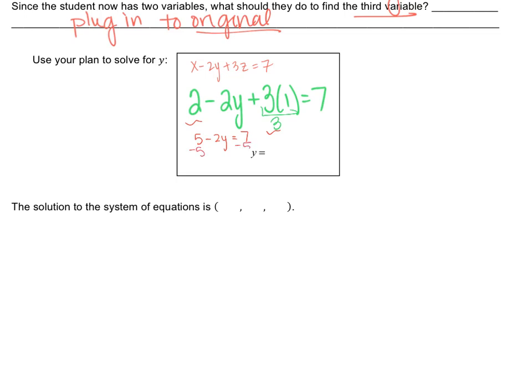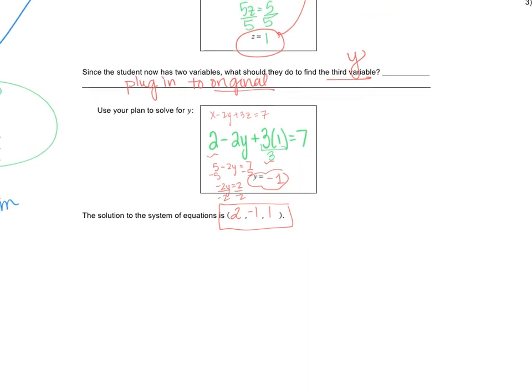Minus 5, minus 5, we get negative 2y equals 2. Divide by negative 2, and we get y equals negative 1. So we knew that x was 2. We just got y as negative 1, and z was positive 1. So this is the solution to my system. That's the one point where the planes are all meeting.